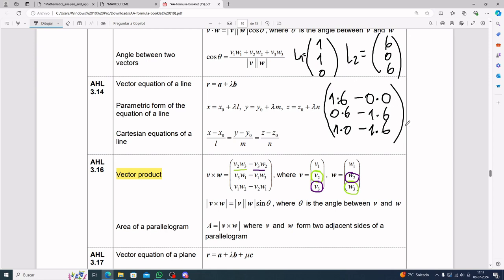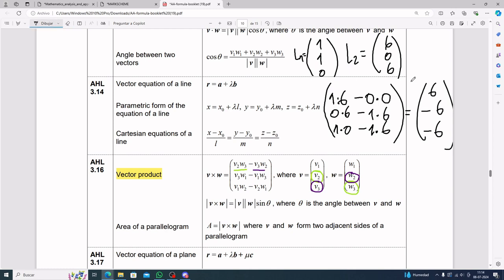You do all that math: 1 times 6 gives 6, minus 0 is 0. 0 times 6 is 0, minus 1 times 6 is negative 6. And down here you have 1 times 0 is 0, minus 1 times 6, which is negative 6. So basically it's 6, negative 6, negative 6.